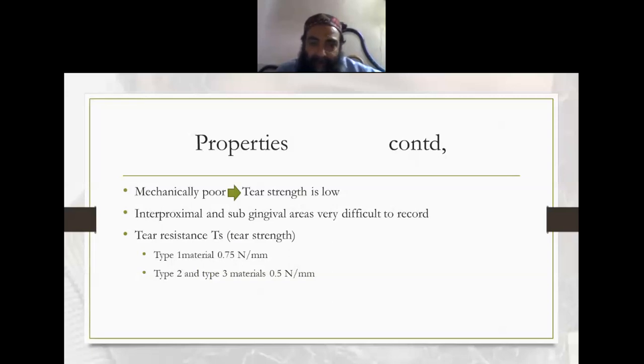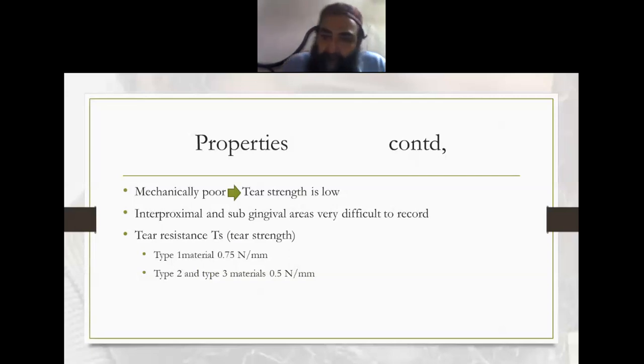That is why interproximal and subgingival areas are very difficult to record, because first it is mechanically poor, and second, these areas are thin. Interproximal means the area between two teeth, and subgingival is the area between the tooth and gingiva.